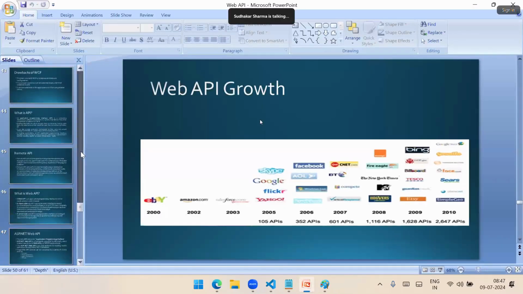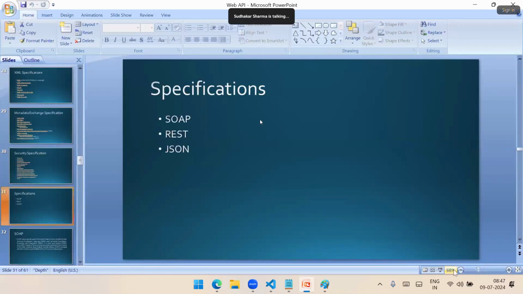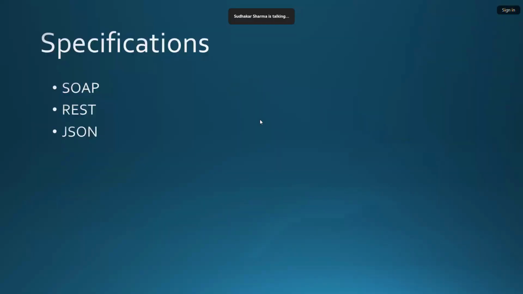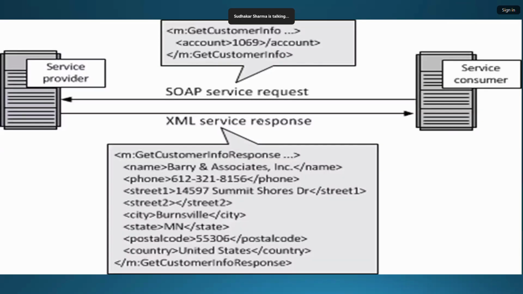You see here how the communication specification happens. We have three specifications: SOAP, REST, and JSON. In SOAP, SOAP uses different languages, WSDL, UDDI, and all. The consumer will make an XML request and the provider will send an XML response.